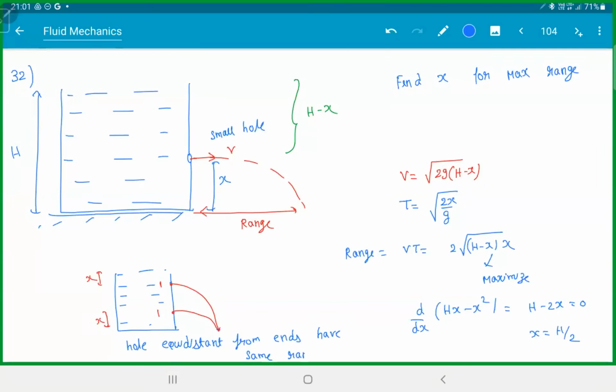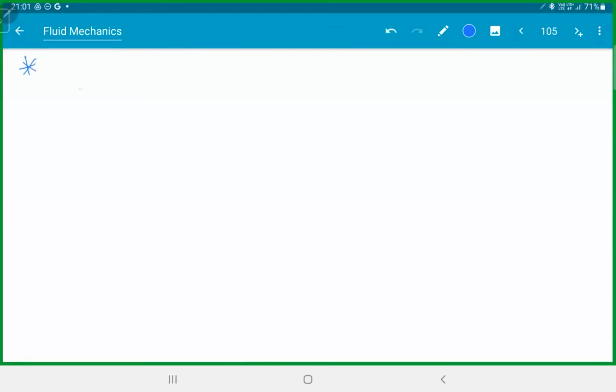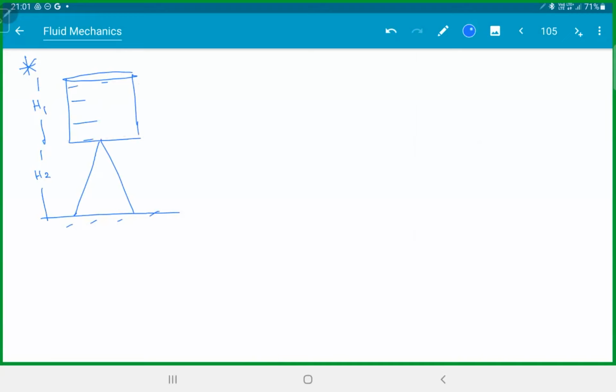Clear? So here, this is a better version of this. You can remember the result. What if you have a container placed on a platform? Let's say this is H1 and this is H2. So for maximum range, this is the condition.